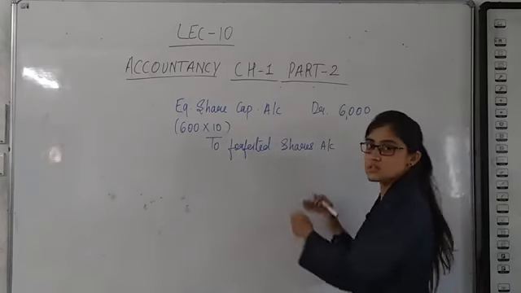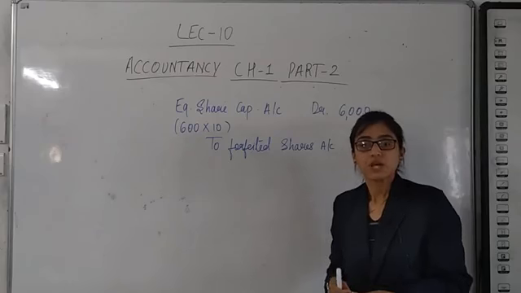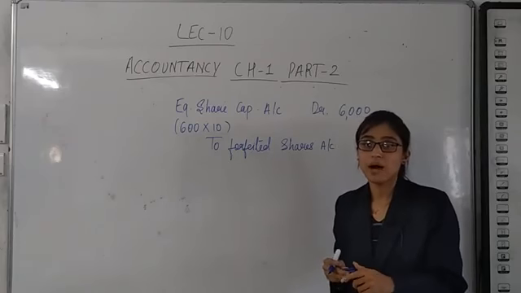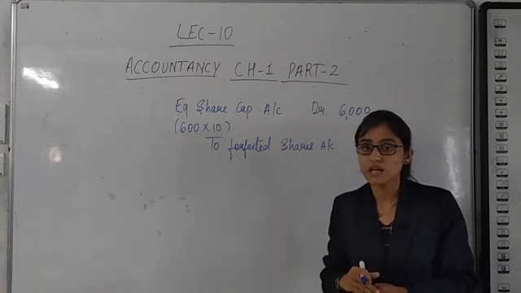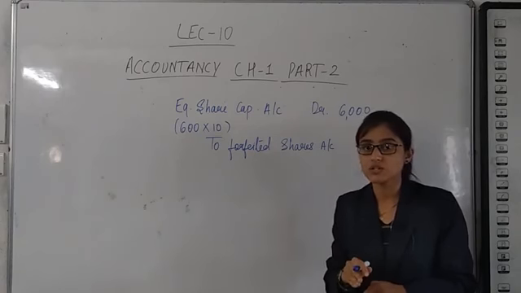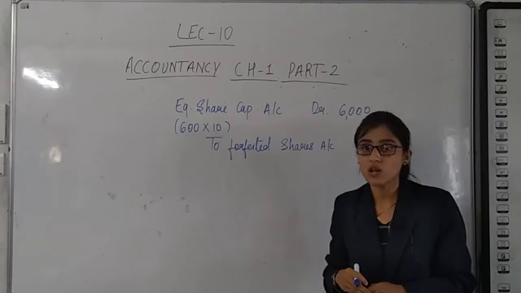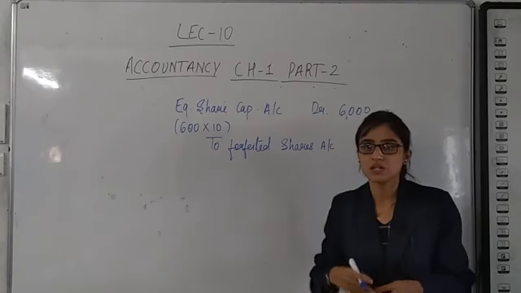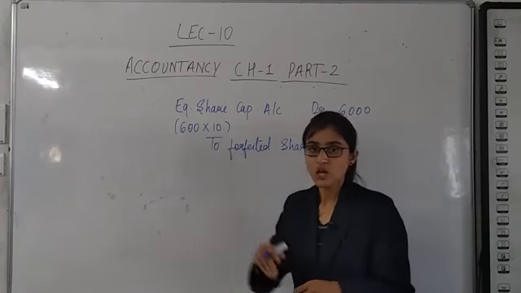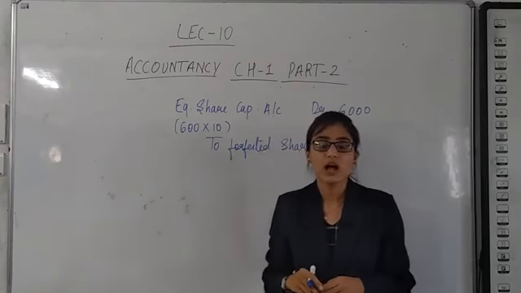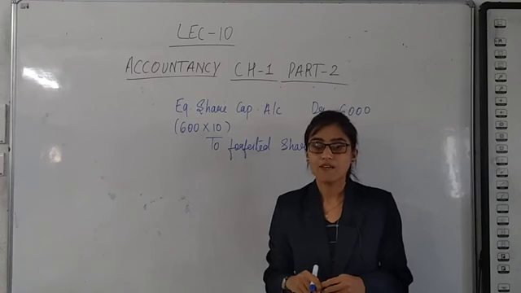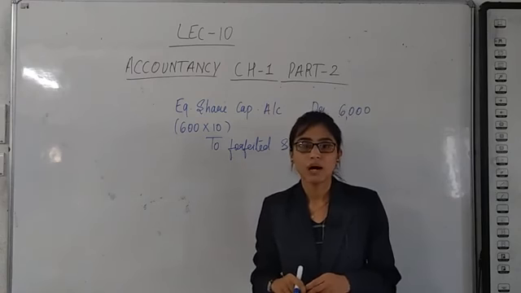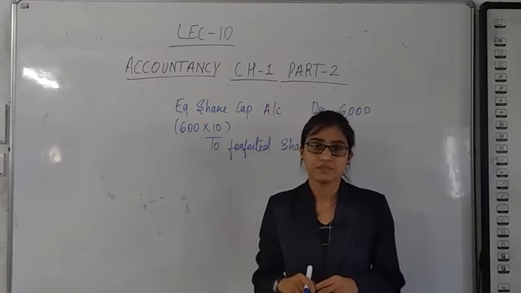Which amount appears here? The amount that has been paid by the shareholder whose shares are being forfeited. So Govind has paid 4 rupees of application and 3 rupees of allotment. This is clearly written in your question. Please check. 4 rupees of application and 3 rupees of allotment have been paid by Govind.